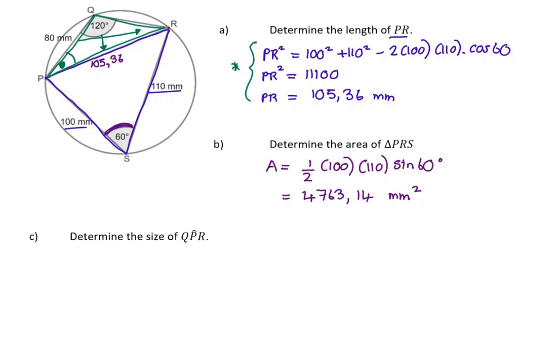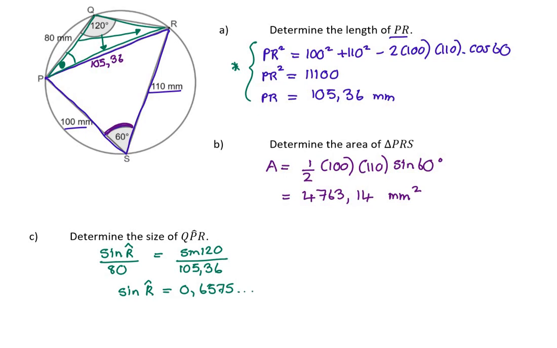Now because I'm going to find angle R, I'm going to put sine of angle R at the top, divided by the side opposite it, and that'll be sine of 120, and you're welcome to use the rounded off version. So 105,36. If I multiply by 80 on both sides, I get sine of angle R is equal to 0,6575 and so on.